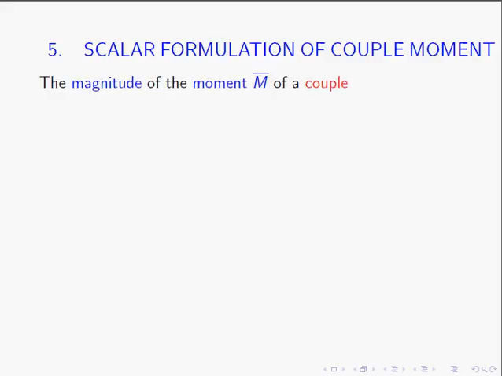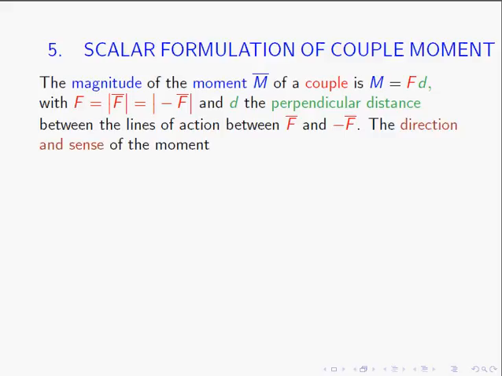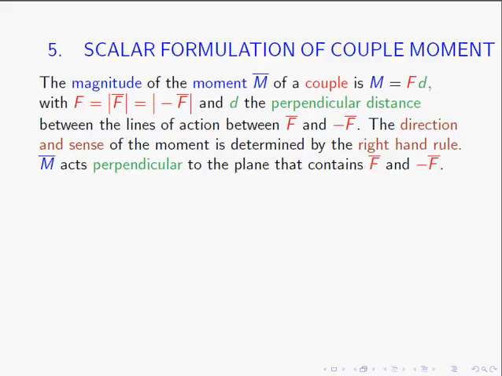The magnitude of the moment M of a couple is given by M equal to F times D, where F is equal to the magnitude of the force F, which is the same as the magnitude of the force minus F, and D is specifically the perpendicular distance between the lines of action of F and minus F. The direction and the sense of the moment is determined by the right-hand rule. M acts perpendicular to the plane that contains the vectors F and minus F.